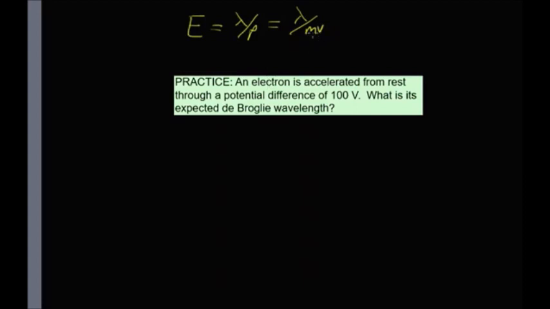We know the mass of an electron, and we know the energy, because it's given to us in volts, and we can figure out the wavelength.